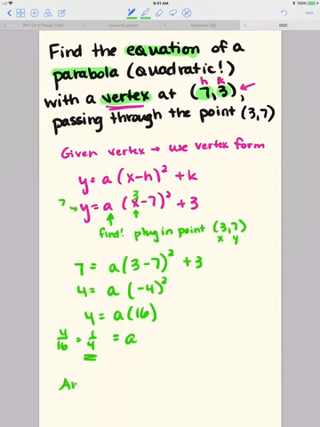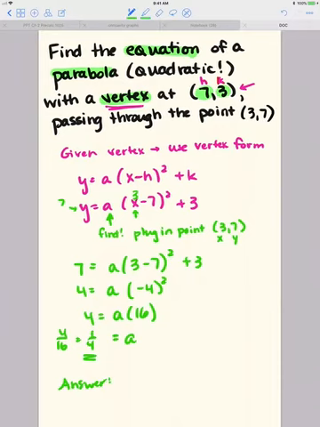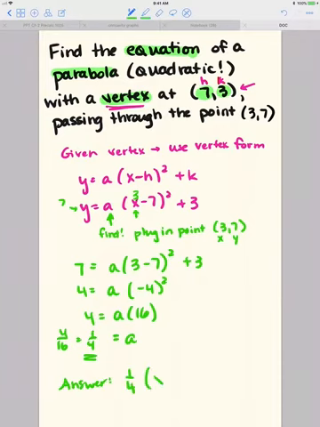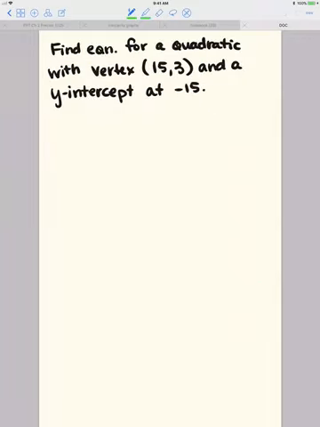So your answer, because you have to give the equation, will be positive 1/4 times (x minus 7) squared plus 3. And that's in vertex form. If you want it in standard form, you'll have to FOIL out that quantity, multiply by 1/4, and then add 3. But you're welcome to leave it in vertex form for this problem. Unless it asks you for a specific form, you can just leave it.